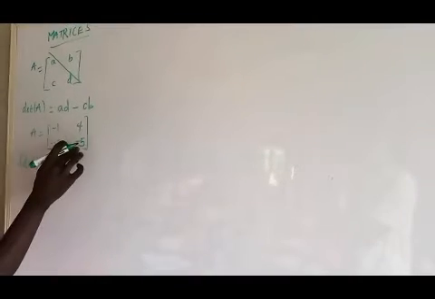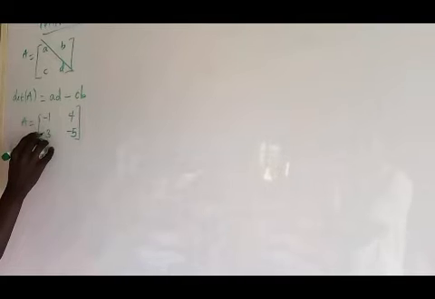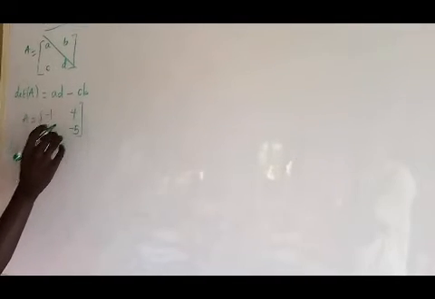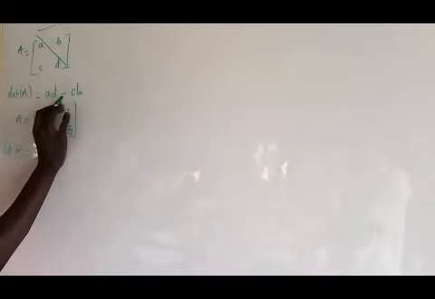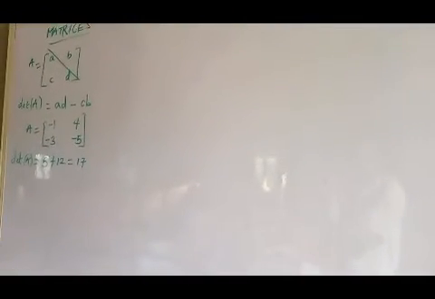That's minus 1 times 4... minus 1 times minus 5, which is 5. Then minus 3 times 4, which is minus 12. But don't forget that in the determinant, minus is here before. So this minus multiplied by the minus 12 will give plus 12. And that will be 17. So that's all on the 2 by 2 matrix for now.